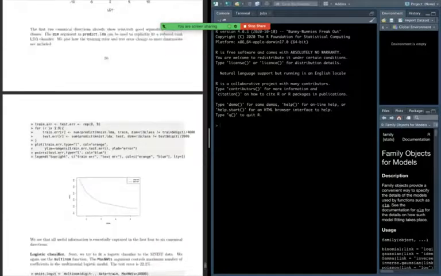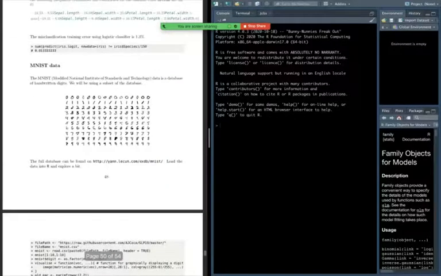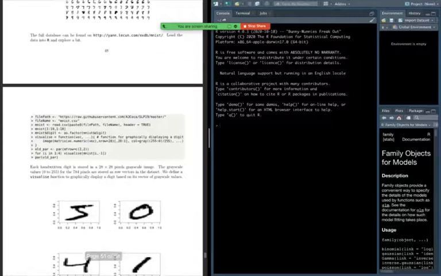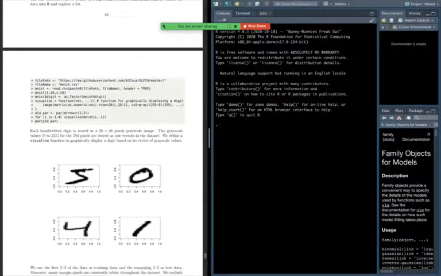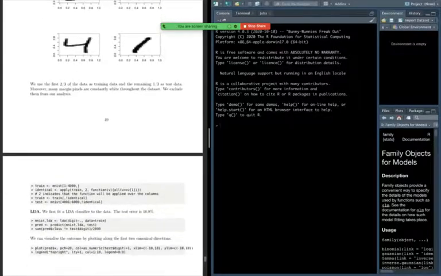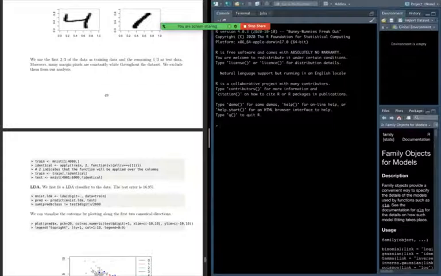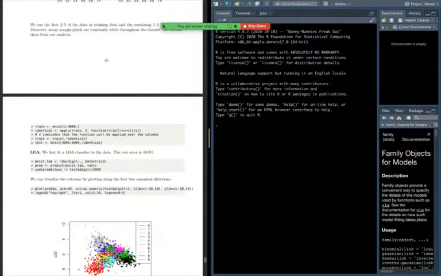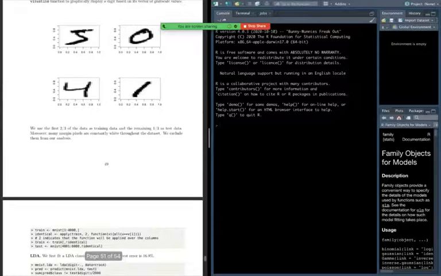Removing zeros. Yeah, just this one here. So that's something you should be doing if you want to try out classifiers.